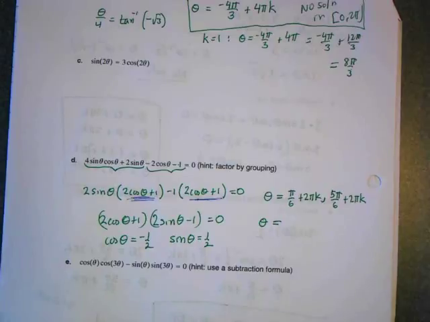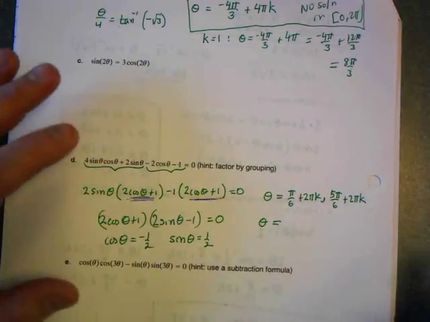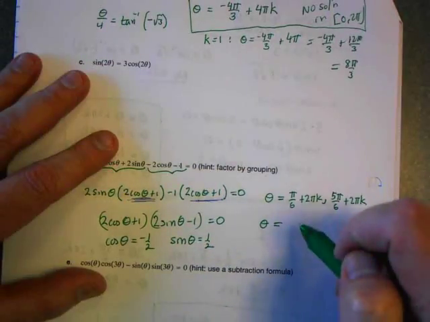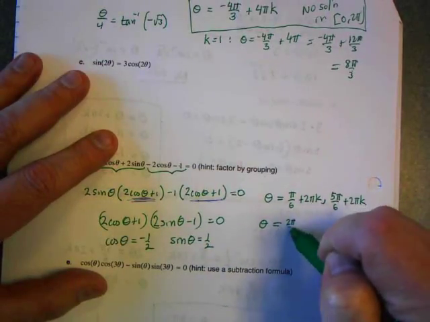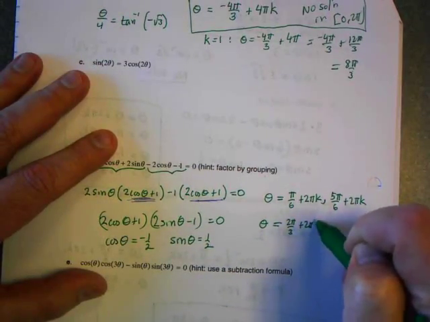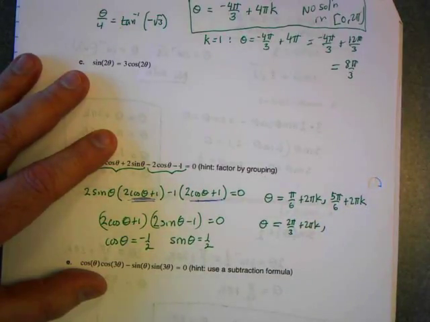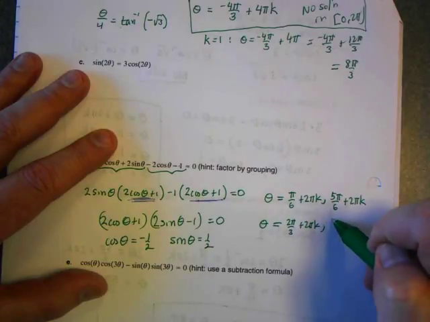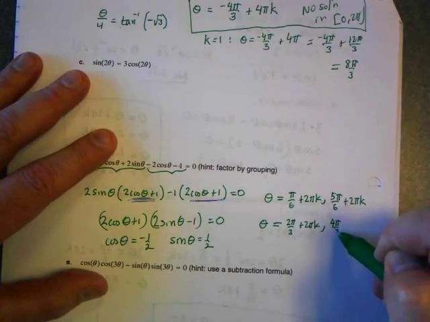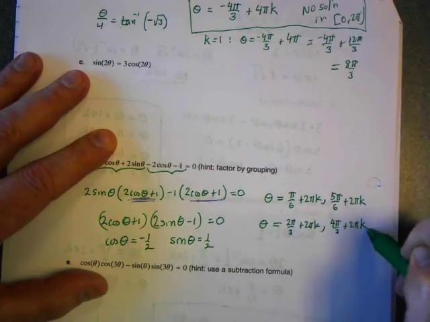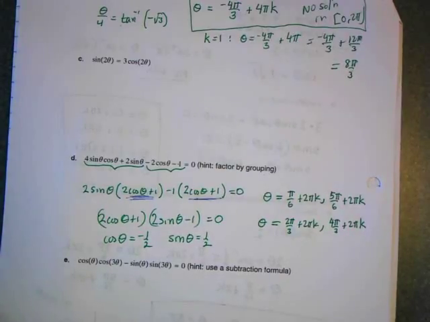So I need to take my pi/3 and move it to quadrants 2 and 3. In quadrant 2, it would be pi minus pi/3, which is 2 pi/3. And in quadrant 3, it would be pi plus pi/3, which is 4 pi/3. So you do have to convert those to quadrants 2 and 3. That one's a little bit of a pain, not too bad though.